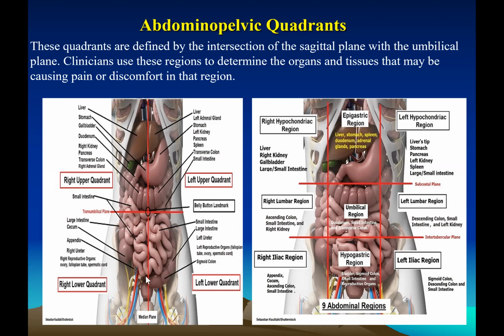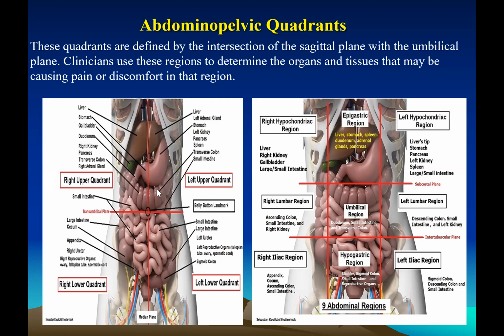So you divide the abdominal region into 4 quadrants. One thing to note is that this is in reference to the patient's point of view. When you're looking at the patient, your right is actually the patient's left, and vice versa. So we have the right upper quadrant, left upper quadrant, and right and left lower quadrants.